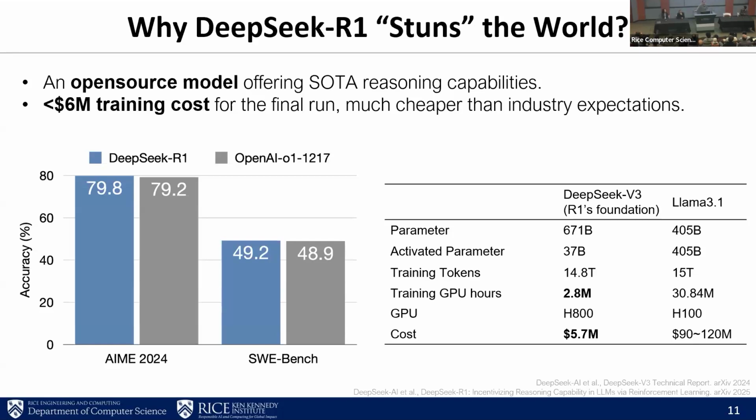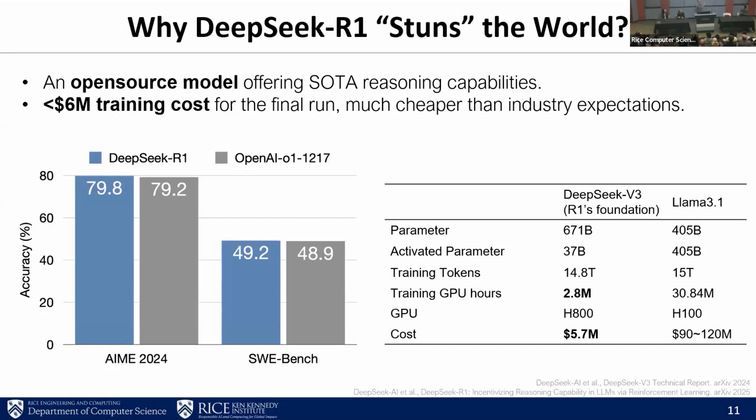And the second reason why DeepSeek became so popular is its extremely low training cost. As we can see from the table on the right-hand side, comparing all of the specifics between DeepSeek and Llama, which is the best open source model before DeepSeek, almost all of the numbers are similar to each other, except the cost.